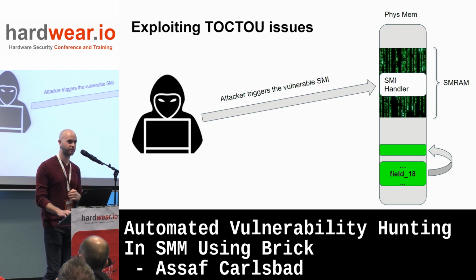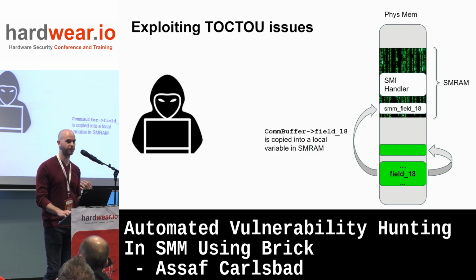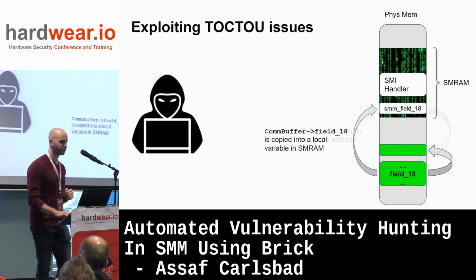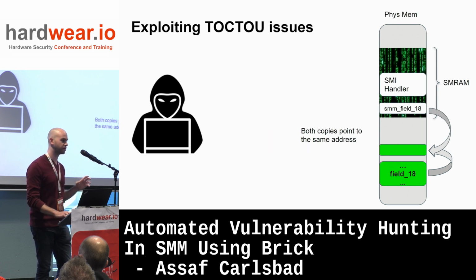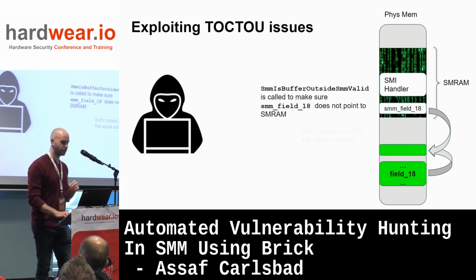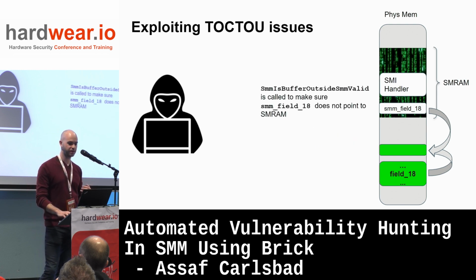One of the first things it's going to do is copy the field from the CommBuffer into SMRAM. And at this point, both pointers are synchronized, meaning they point to the exact same object in memory. Now, the call to SmmIsBufferOutsideSmmValid is made, and since the pointed object resides outside of SMRAM, it will be completed successfully.